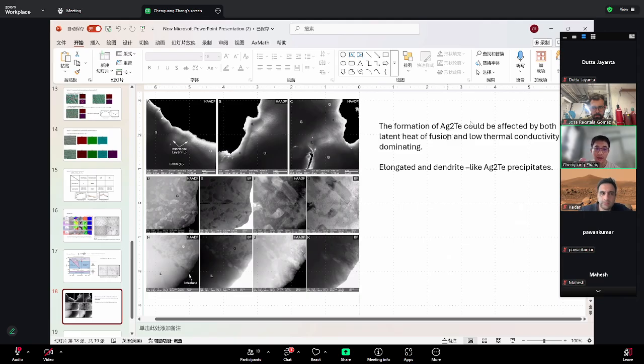So even though you get a solid surrounding your sample, inside it may still be at the melting point or above the melting point, or it became solid first, and then after the latent heat is released, it goes back to the melting point.